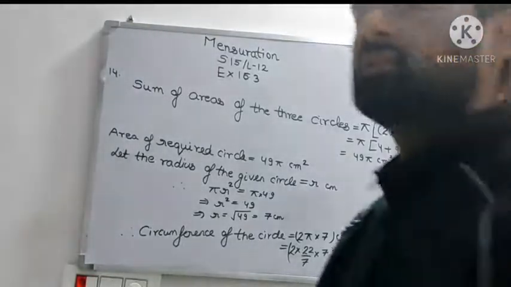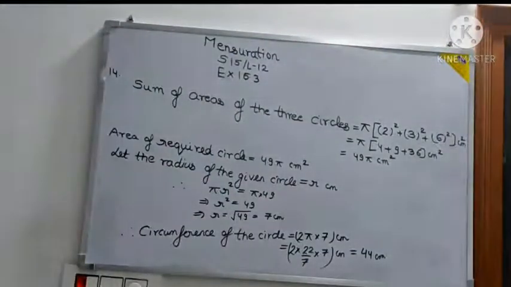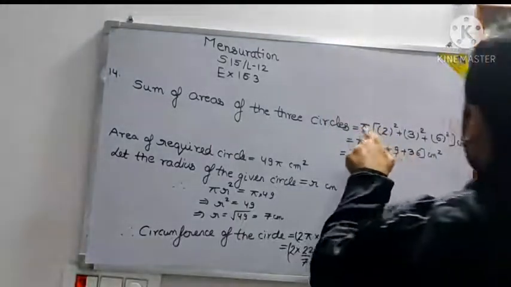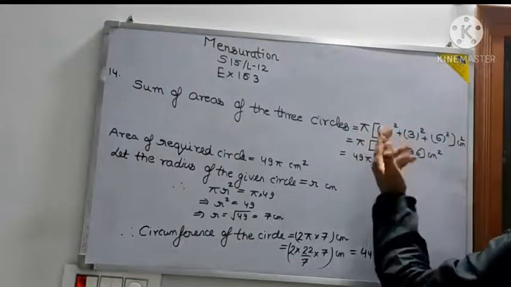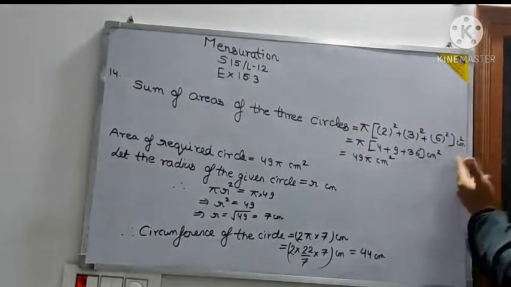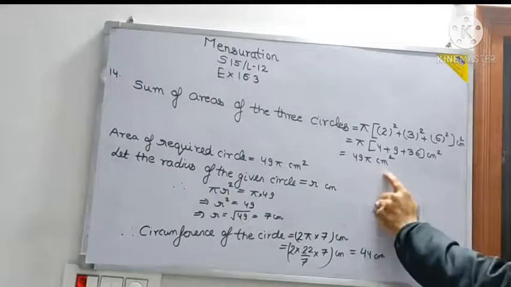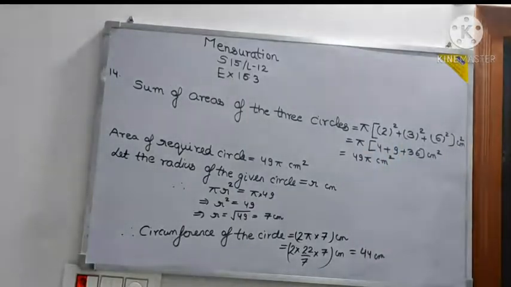So what have we done for this question? Very simple. It is given that the area of the given circle is equal to the sum of the areas of 3 circles. So 3 circles were given whose radii were 2 centimeter, 3 centimeter and 6 centimeter respectively. We added the areas of the 3 circles, pi r square and pi r square, taking pi outside the bracket, and adding all the 3 areas we got 49 pi centimeter square.